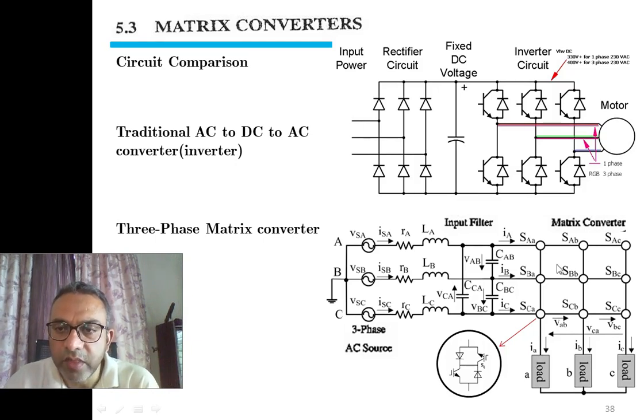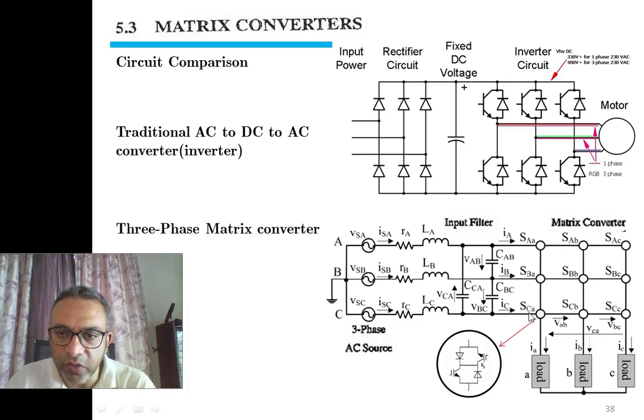The three-phase matrix converter consists of 9 bidirectional switches in total. Each circle, for example SAA, SAB, SAC, consists of bidirectional switches as shown or as magnified over here.